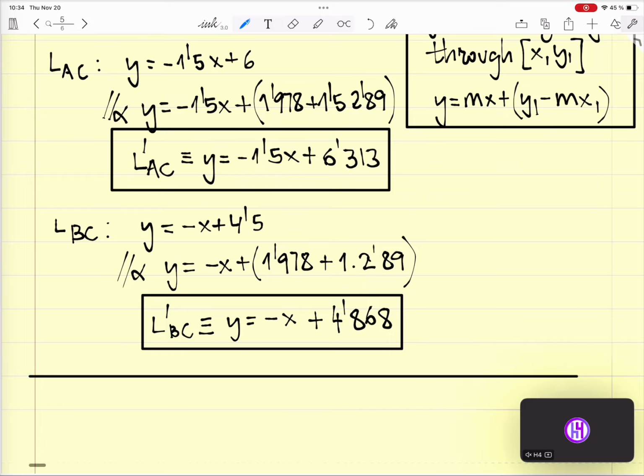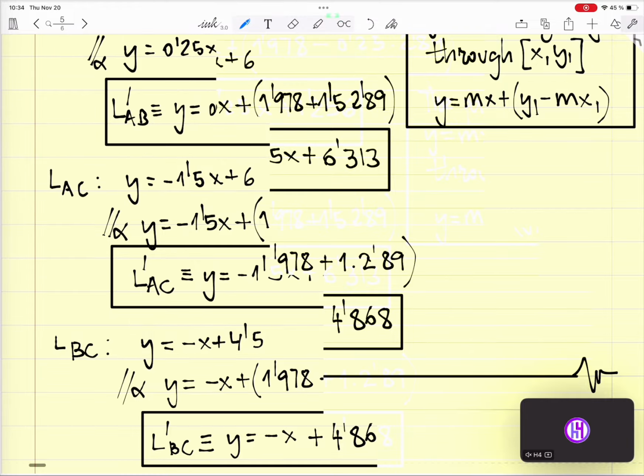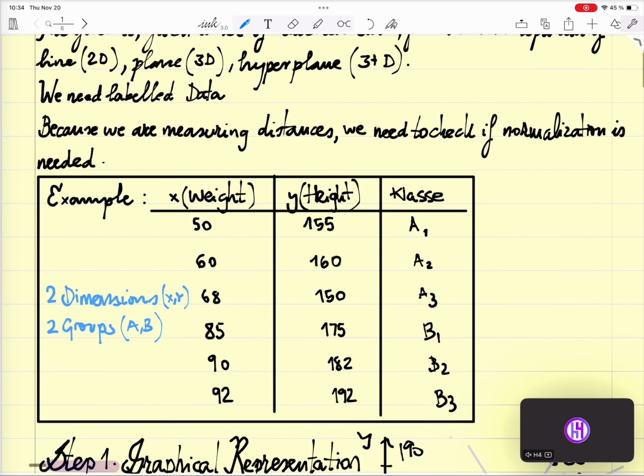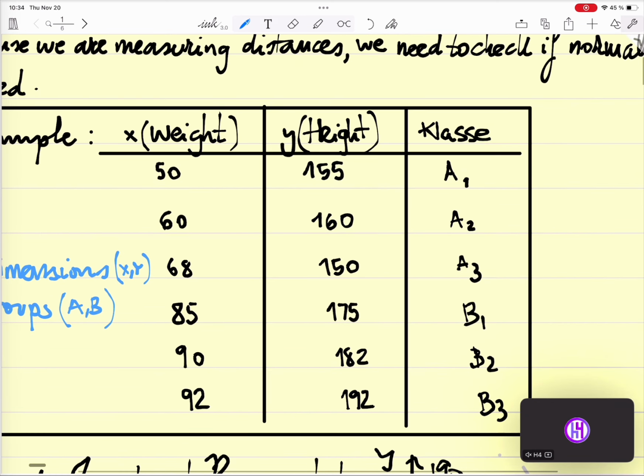Okay. So this is important. This method is important for business because of course you can have, here I give you weight and height, but I can give you cost and quality, okay?